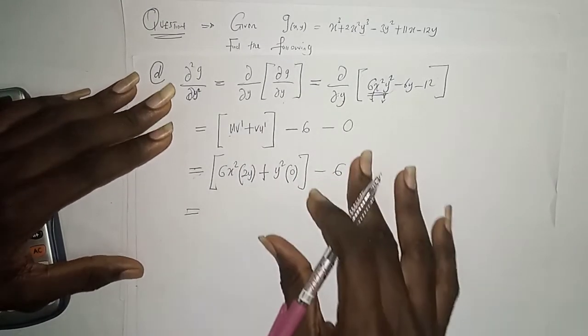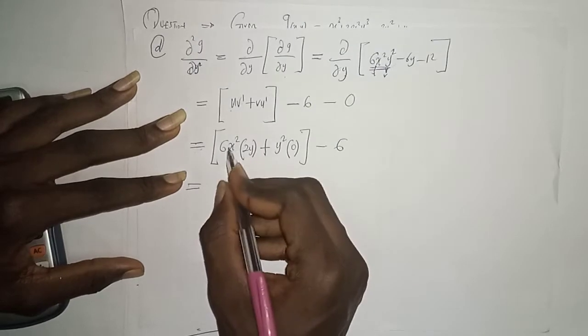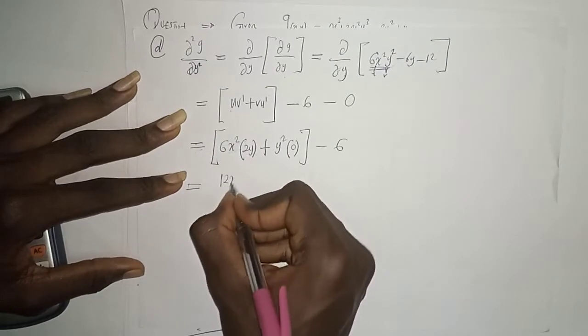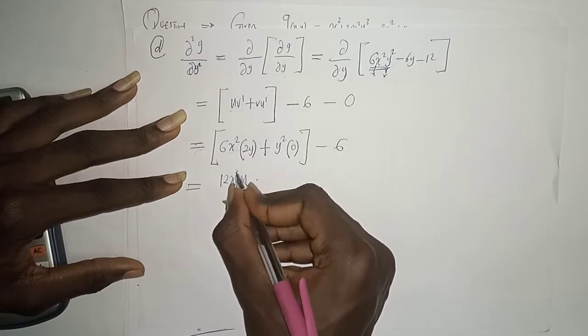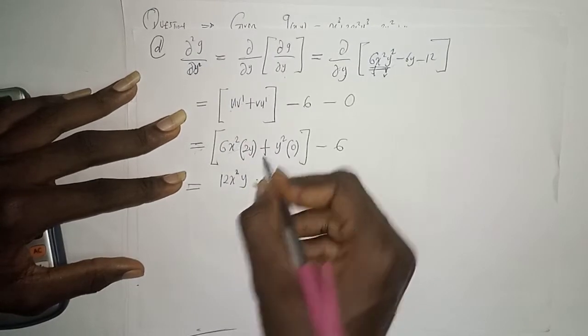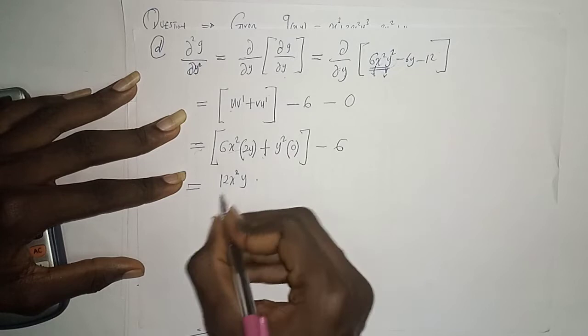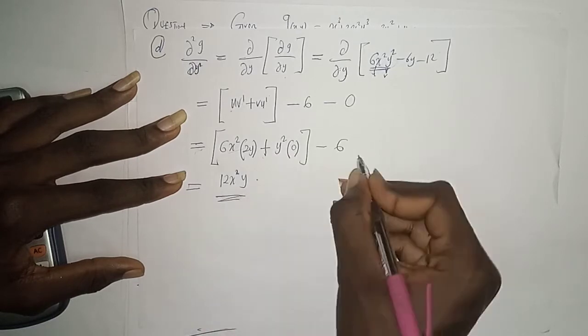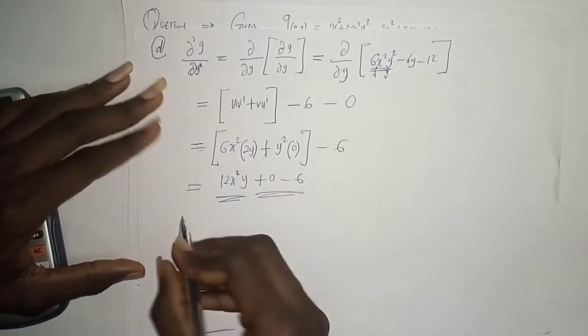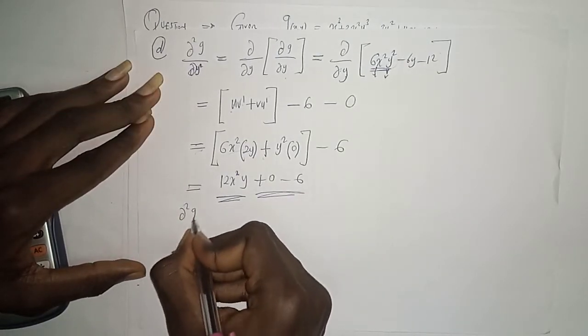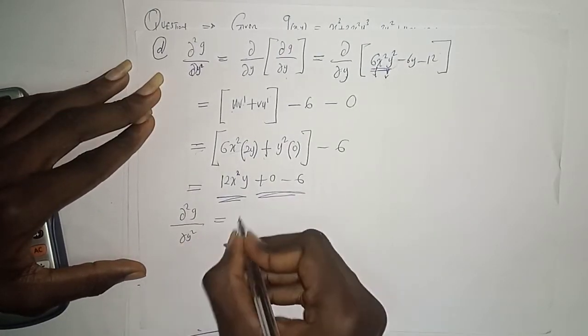So therefore, we end up having 12x squared y plus 0, and that's okay. This is what we have left. Plus 0 minus 6, we have minus 6. And then finally, del squared g over del y squared is what?